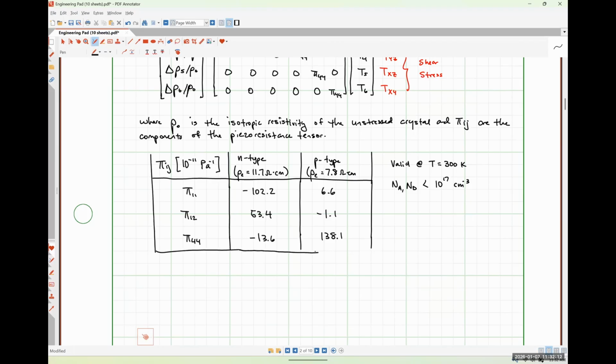And now I'm about to hit you with yet another table. Okay. So this is just what's going to tell us how to use these coefficients depending on the direction of the crystal that we actually have. This one's a little bit more simple.